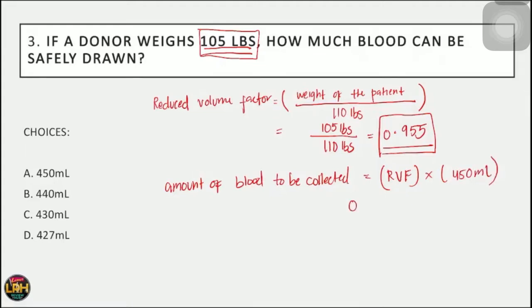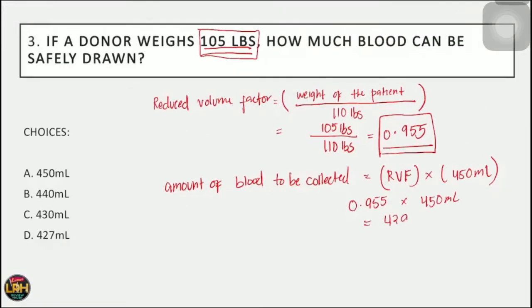So for this, we have 0.955 multiplied by 450 ml, which is equivalent to 429.75 ml. In this question, this is about 430 ml. So the answer for this question is letter C.